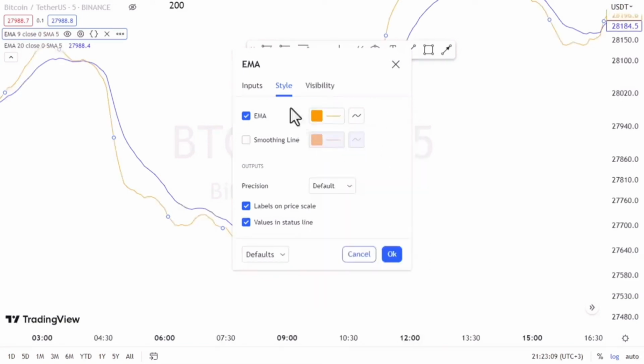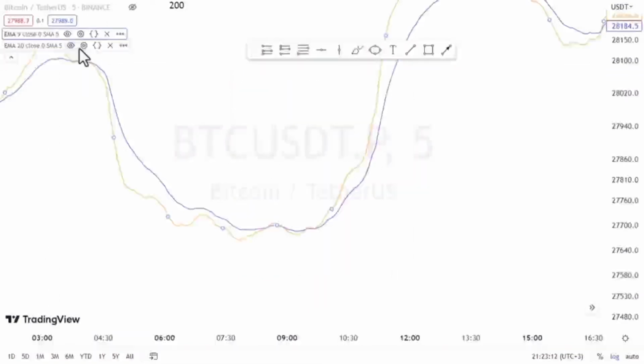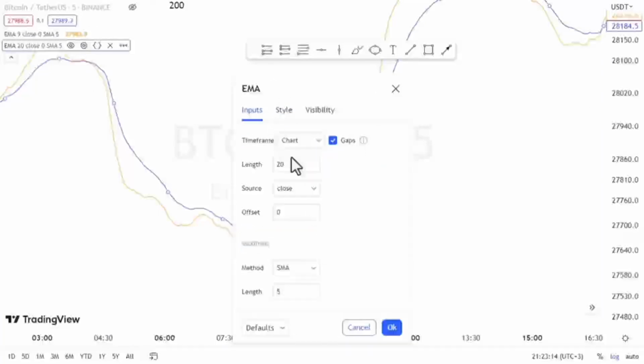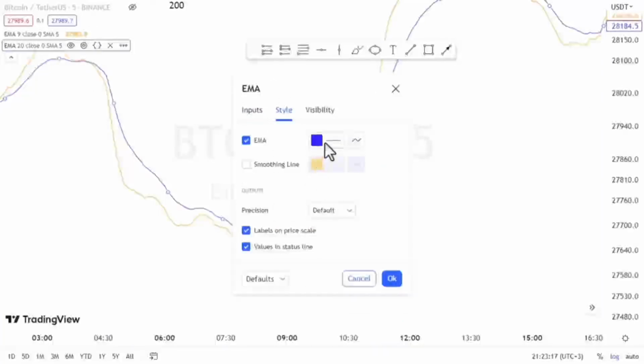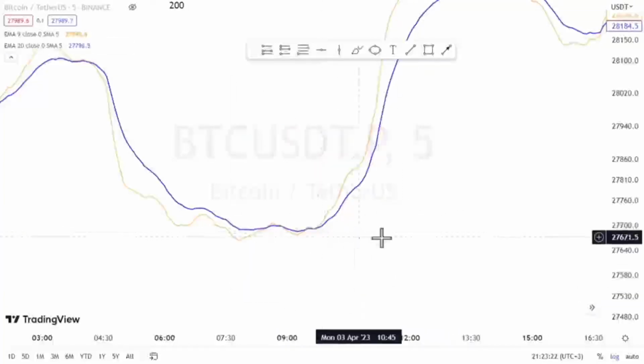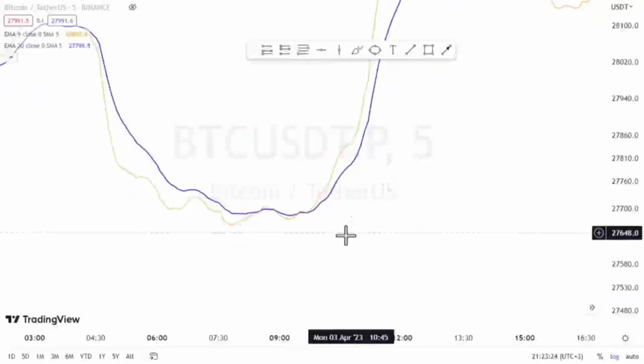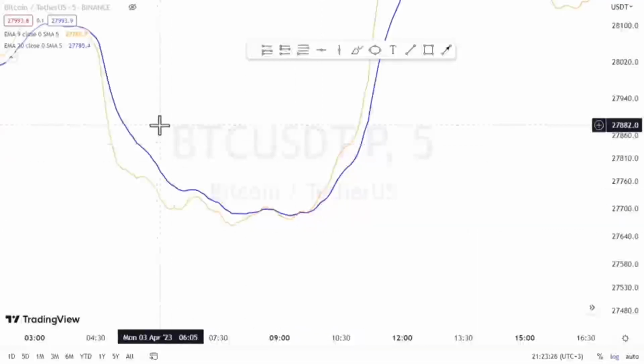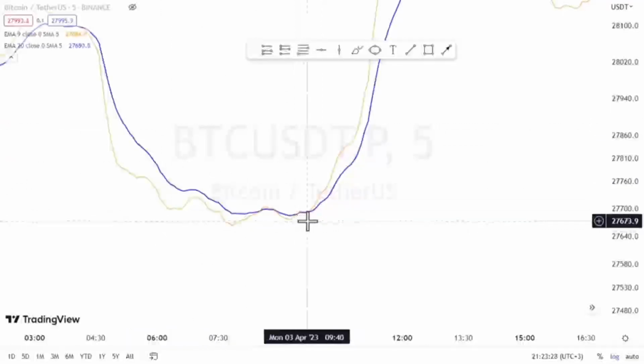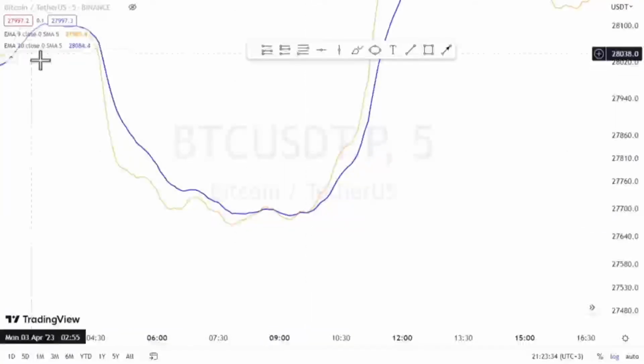And for the bigger EMA, the longer period EMA, I'm going to change only the thickness so you can see them easily. So this cross here: if the smaller EMA breaks the higher EMA, in this case the 9 EMA breaks up from bottom to top through the 20 EMA, we call this the golden cross.